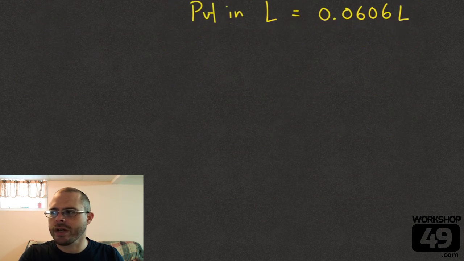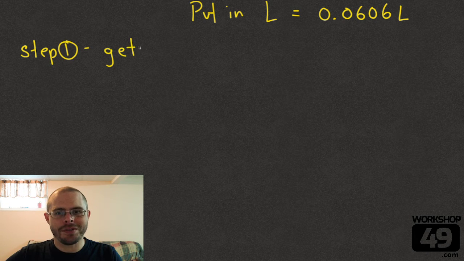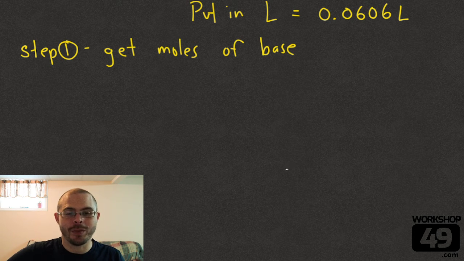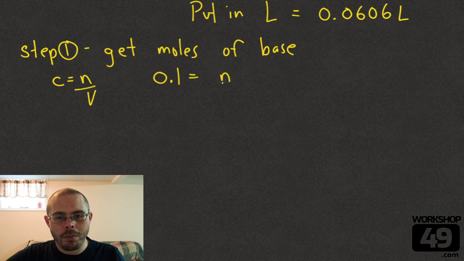Let's scroll this up and we'll keep our volume right there on the screen, because step one, get moles of base. We know the volume of sodium hydroxide that we used. We know the concentration of the sodium hydroxide that we used, but to do stoichiometry, we need moles. We're going to use the equation C equals n over V. We know the concentration. It's 0.1. We don't know n. That's our moles.